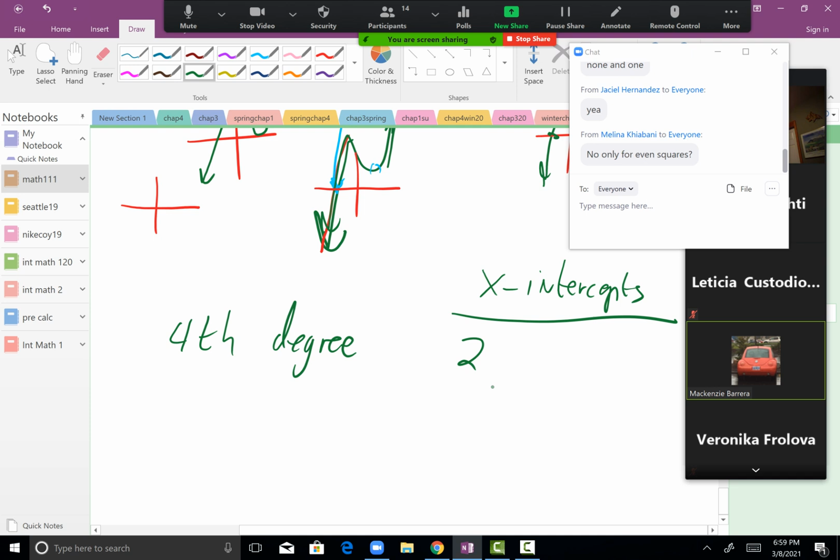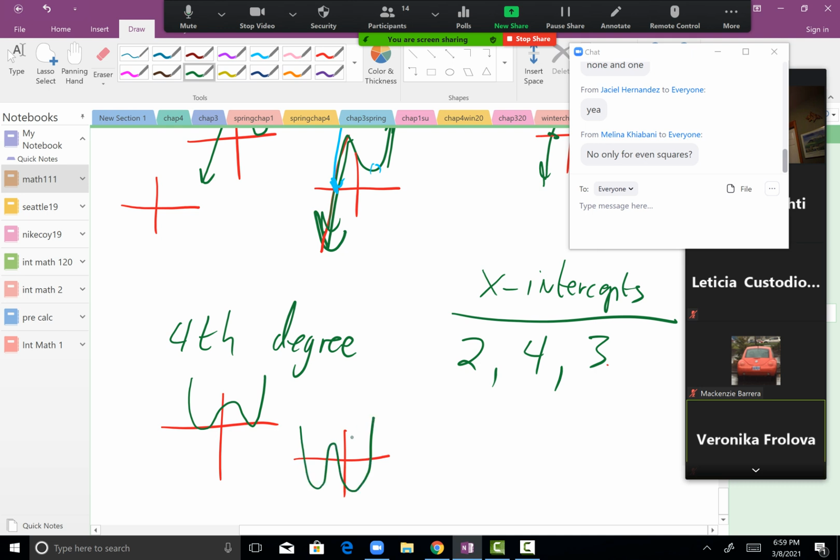Okay, what else? I guess 4, yep. Well, 3, yeah, good. So let me draw some of these. So 2 looks something like that. 4, I can do a 4. 1, 2, 3, 4.